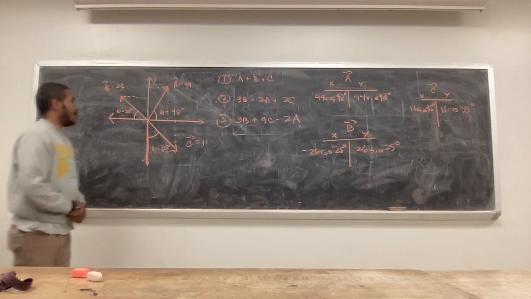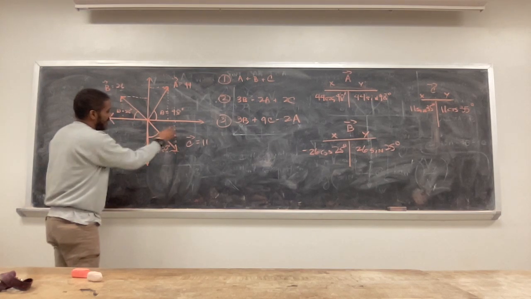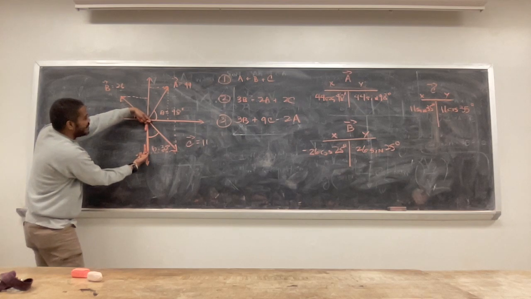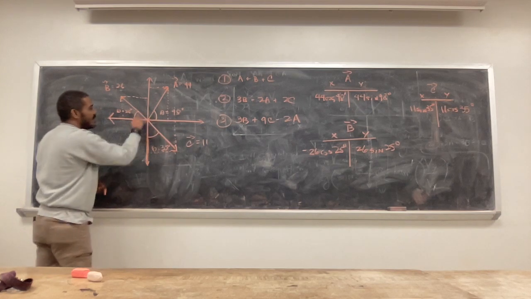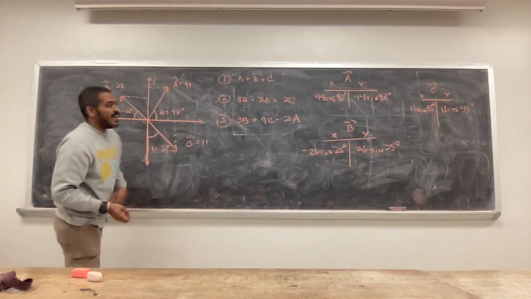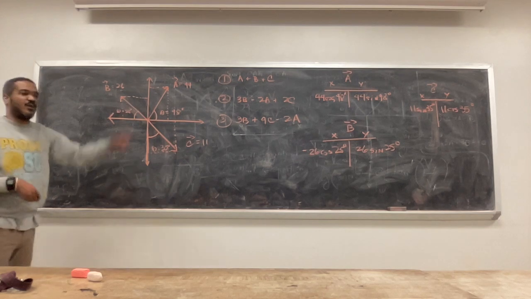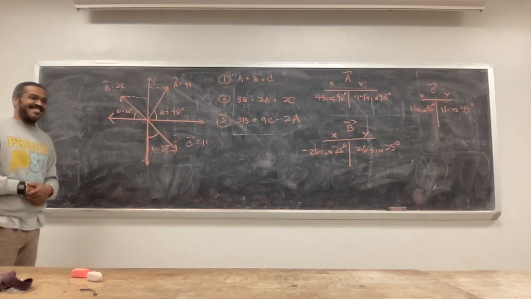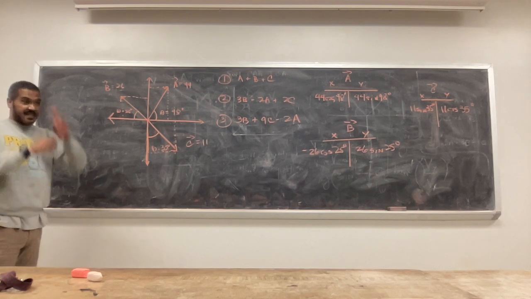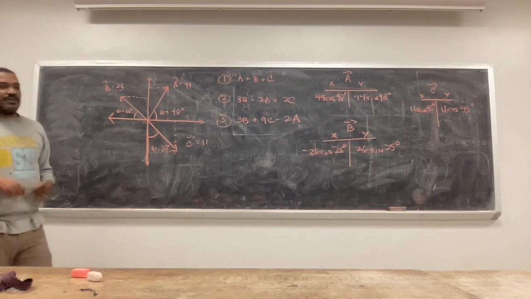Following? The adjacent of this angle would be this one, right? You just move it over here. See that? So that's why I say it depends on the angle. Most people just try to memorize that x is sine and y is cosine, but that's only in the first quadrant. In physics, we deal with all 4 quadrants, so 360 degrees.